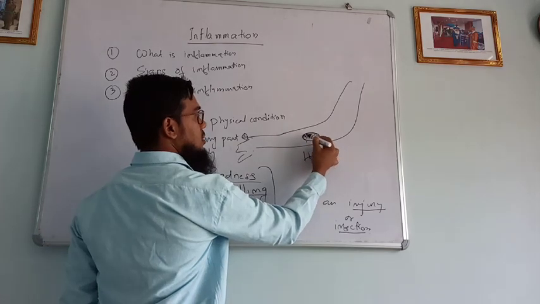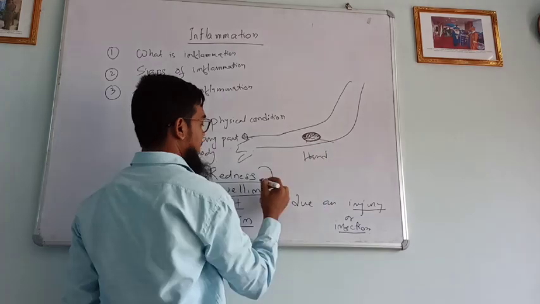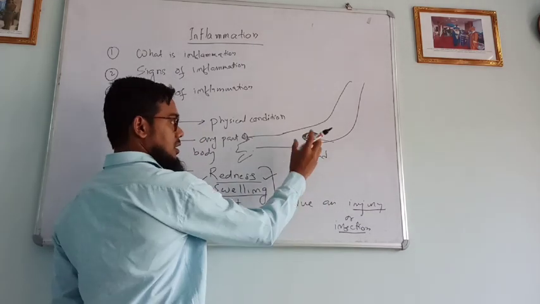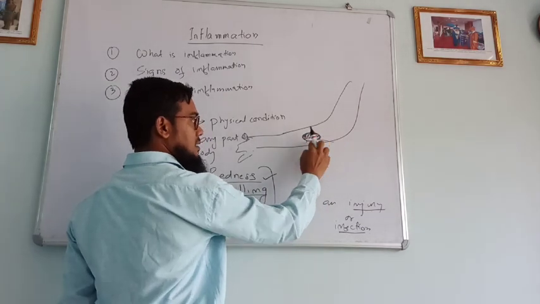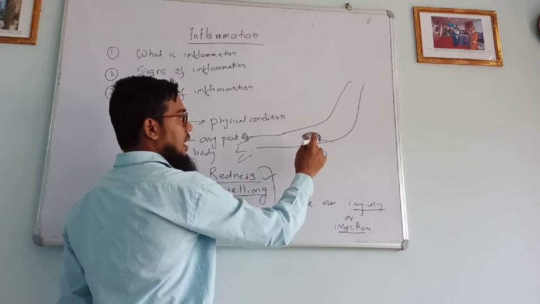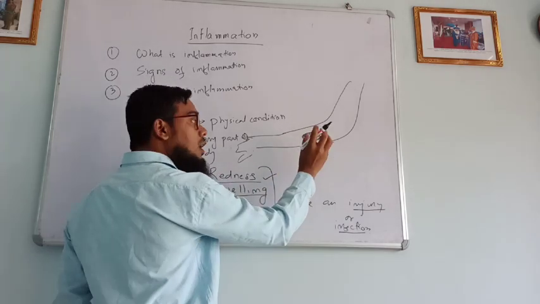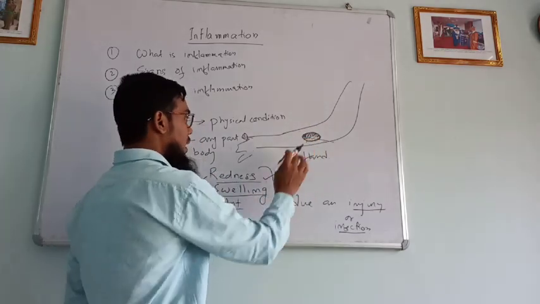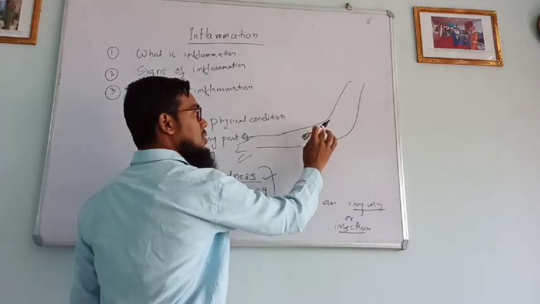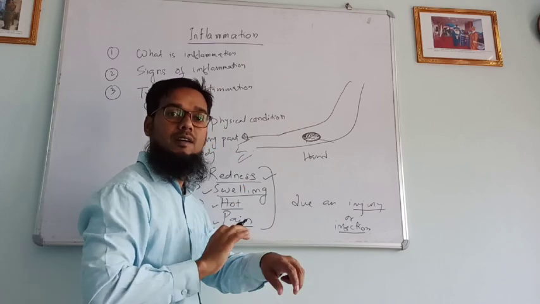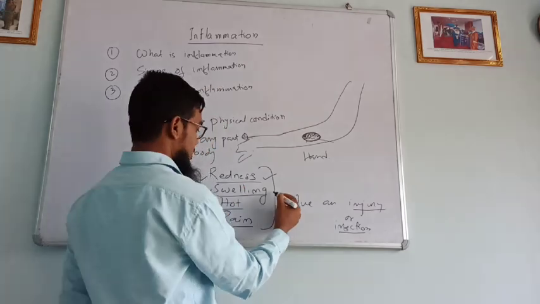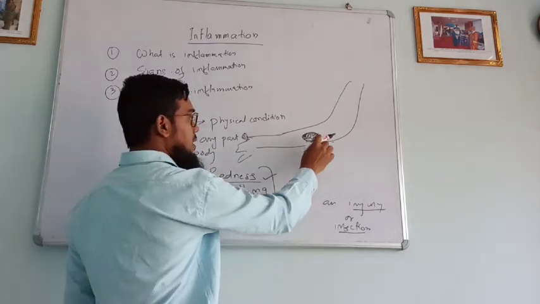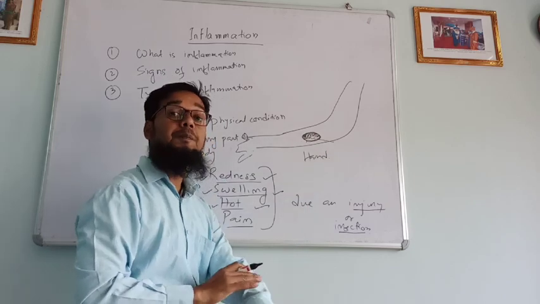This part of the body will become red. This first character, redness, it will become somewhat red. And next, the swelling will occur, and if you touch, you will feel hot. So third point, and also you will feel pain.